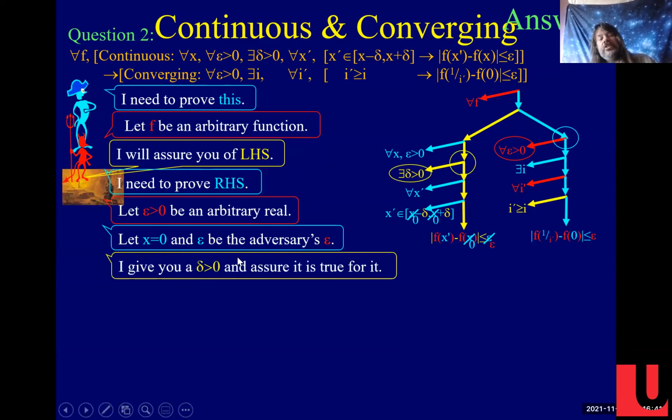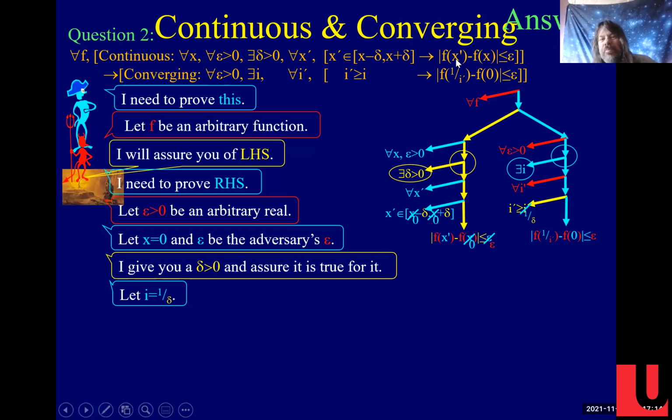And then she gives us a delta for which this stuff is true. And now we have to come over and get an I. And if you come up here, you can say, well, x is 0, right? So our x primes are between negative delta and delta.